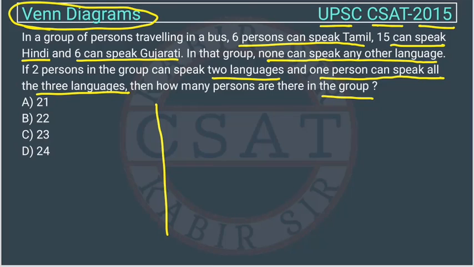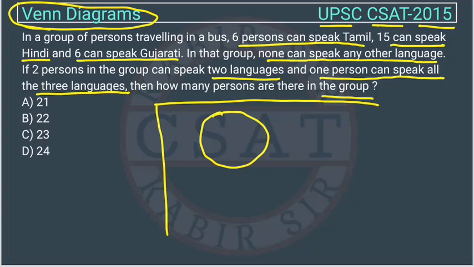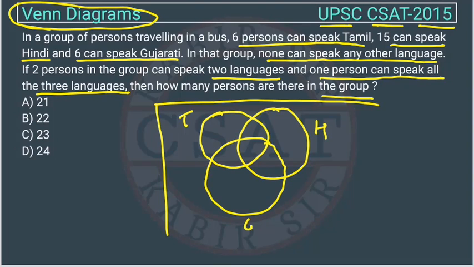So we have to find out the total number of people in the group, right? So let's draw. See, there will be 3 circles. This will represent the Tamil language. This circle will represent the Hindi language and this will represent the Gujarati language, right? So this outside is 0, so they have given that, right?